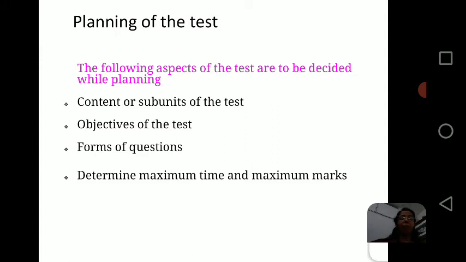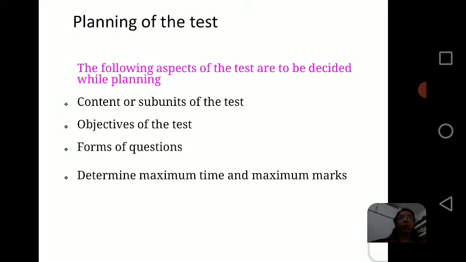By the learning process, the learner will be able to change his behavior at different levels. It may be at the knowledge level, that means the superficial level, and it may be an understanding level, an application level, an analysis level, or a creativity level.